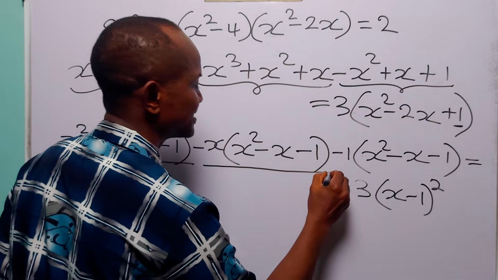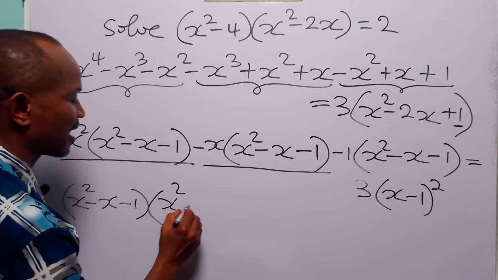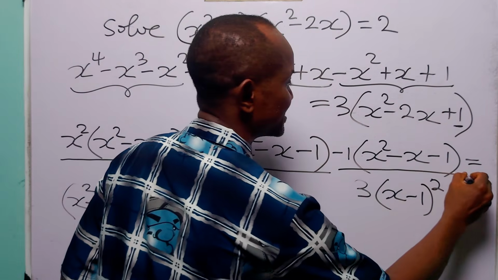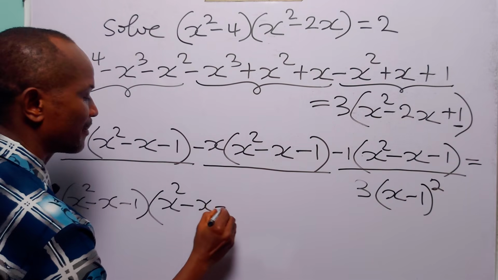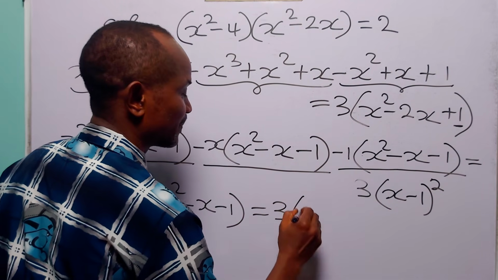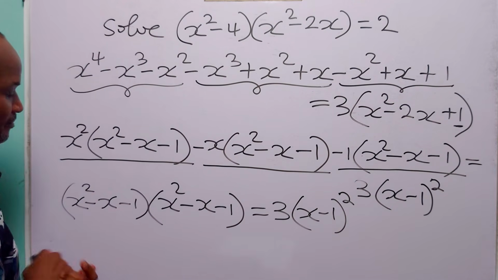When you divide this term by x squared minus x minus 1, of course you have minus x. And finally, when you divide this term by x squared minus x minus 1, you have minus 1. And this is equal to 3 times x minus 1 squared.